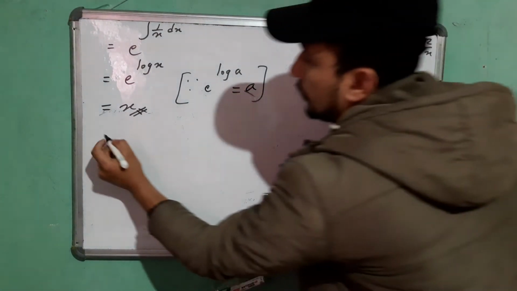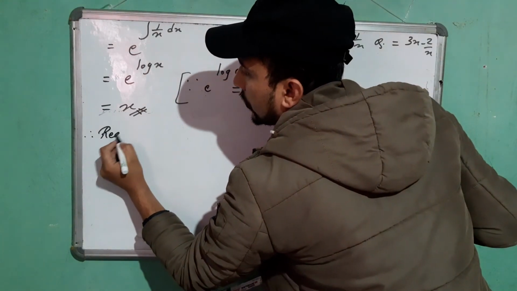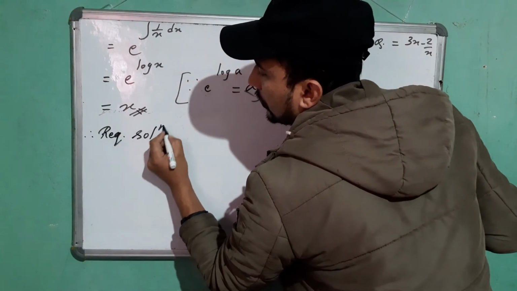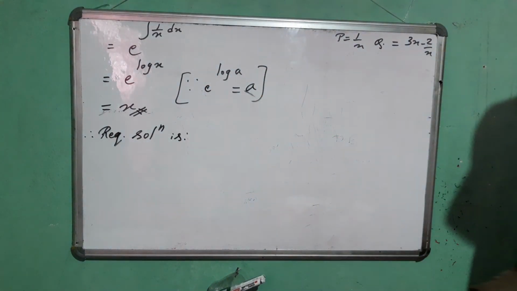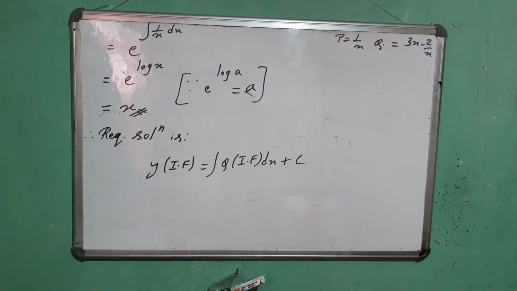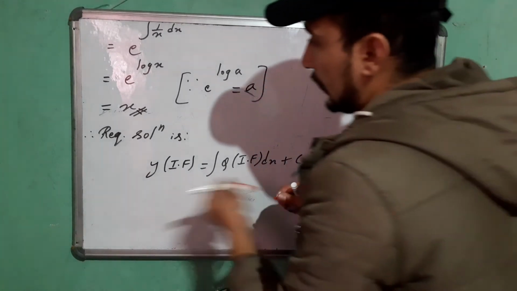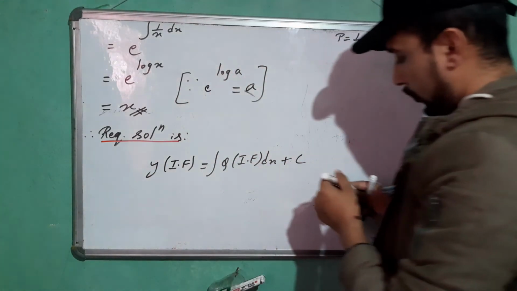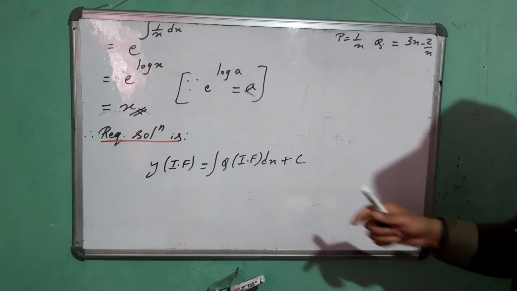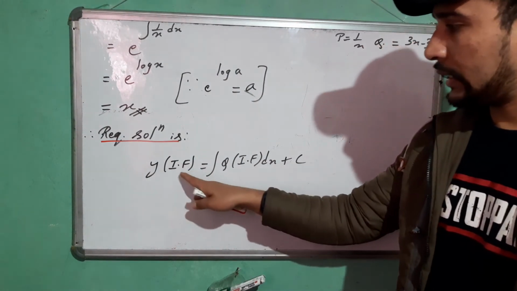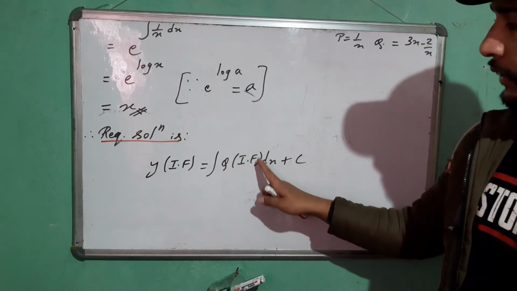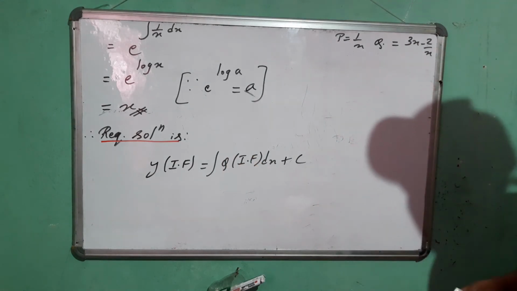Therefore, the required solution. What was the formula? The solution to the linear differential equation, LDE, was this, I had given you earlier, isn't it? So y into integrating factor equals integration Q into integrating factor dx plus c.